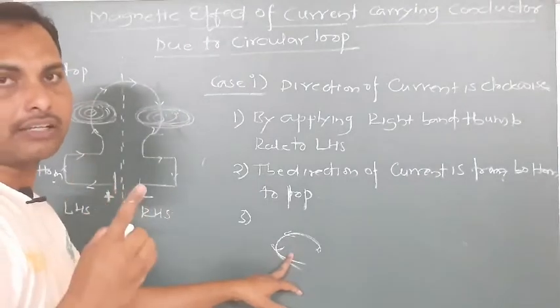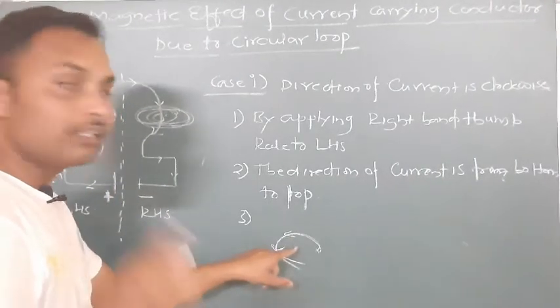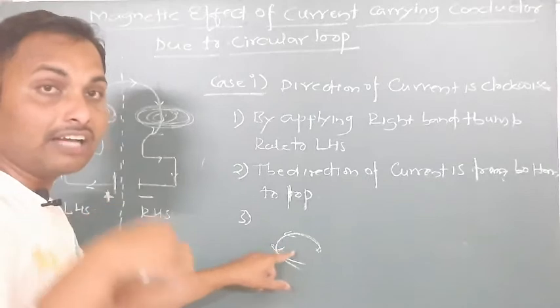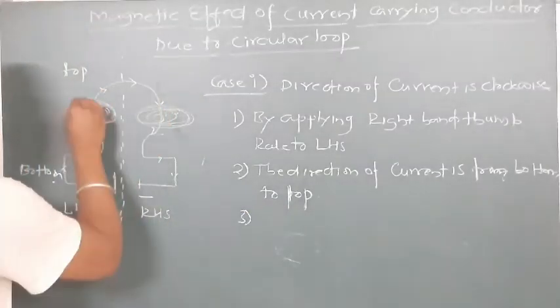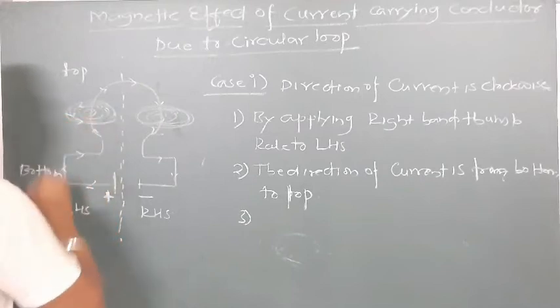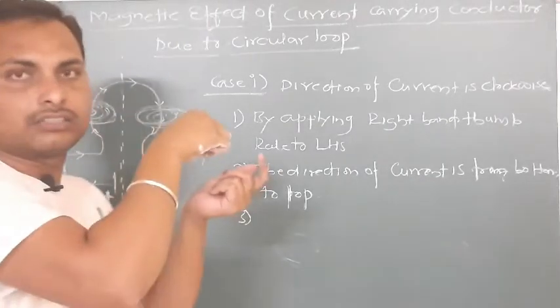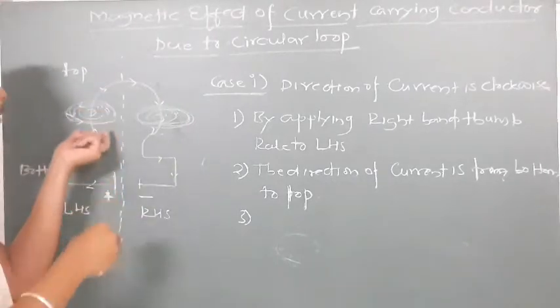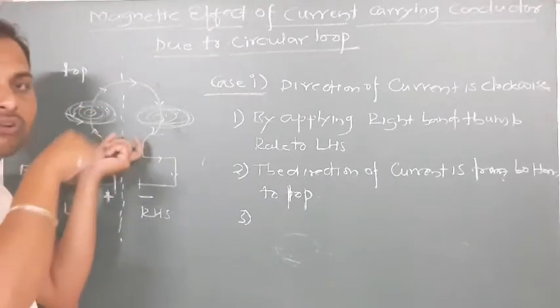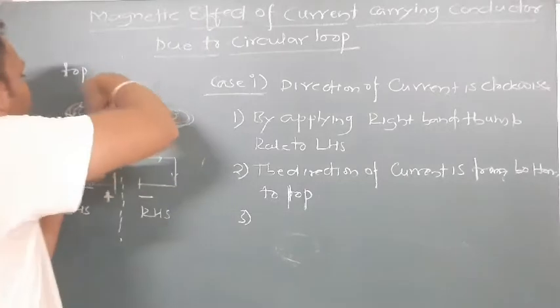It is anti-clockwise. The direction of these concentric circles formed by this loop is anti-clockwise.